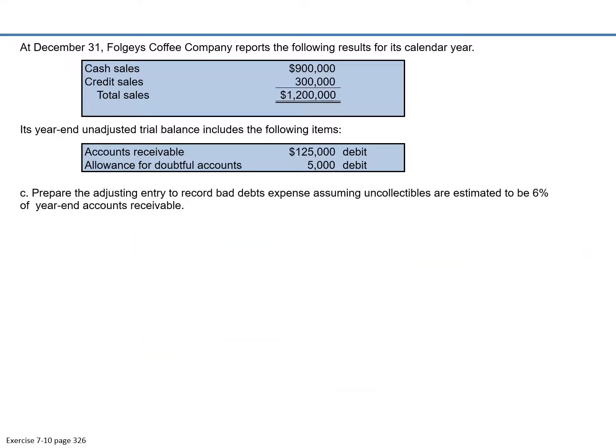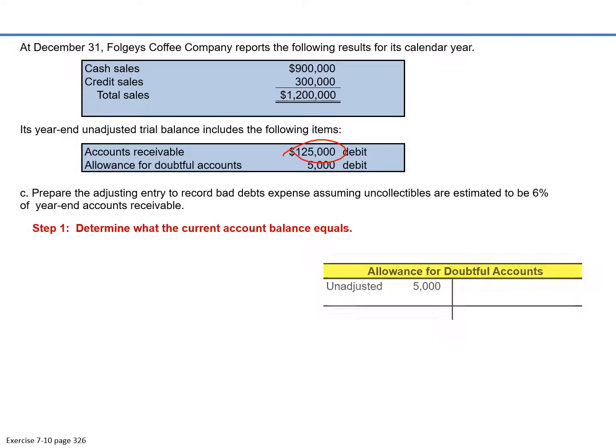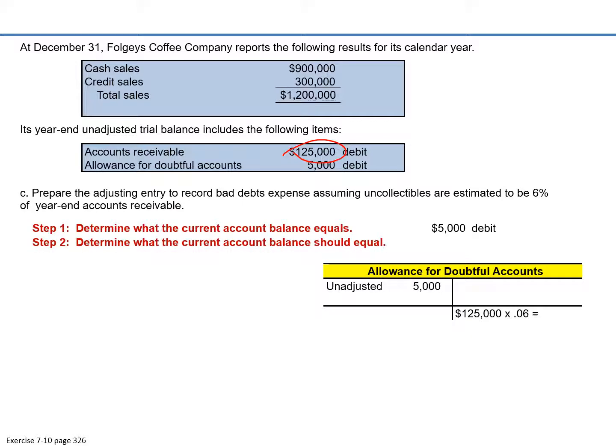Alright, so then in letter C, it says to prepare the adjusting entry to record the bad debt expense, assuming uncollectibles are estimated to be 6% of the year-end accounts receivable balance. So the year-end accounts receivable balance is $125,000 debit, right? So $5,000 is our current balance in our allowance, but it needs to be 6% of 125,000. So 125,000 times 0.06 is $7,500.